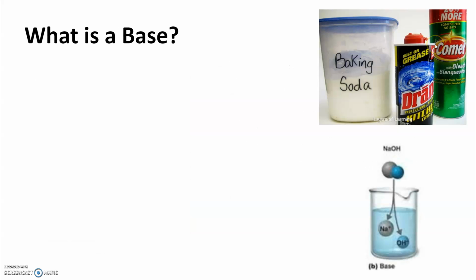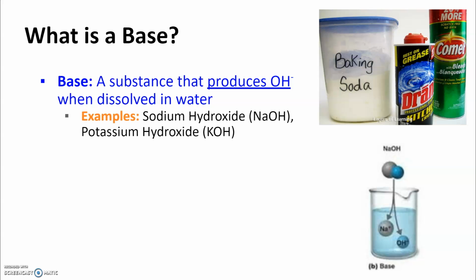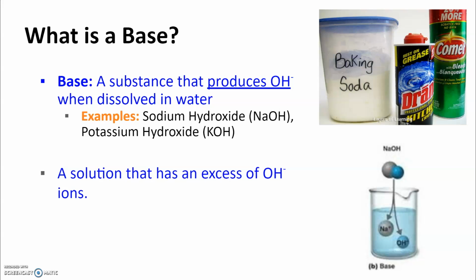Bases are equally important, though they tend to kind of fly under the radar. A base is a substance that produces OH minus when dissolved in water. So OH is a molecule called hydroxide. Some examples of bases are sodium hydroxide and potassium hydroxide, and if a solution has an excess of OH minus ions, it is a base.